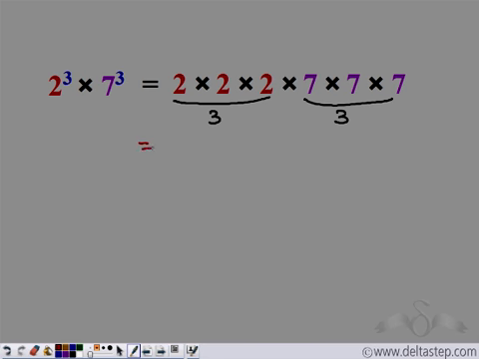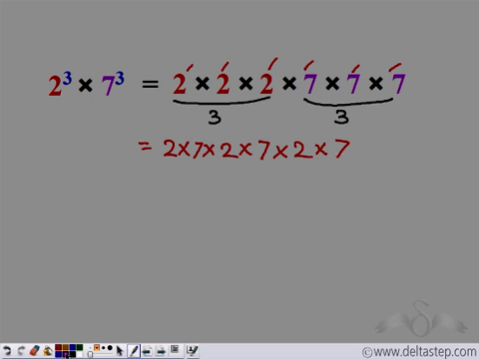So this can be written as 2 into 7. We take this 2, this 7. Again we take this 2 and this 7. Now this 2 and this 7. So we have rearranged the terms in this manner.